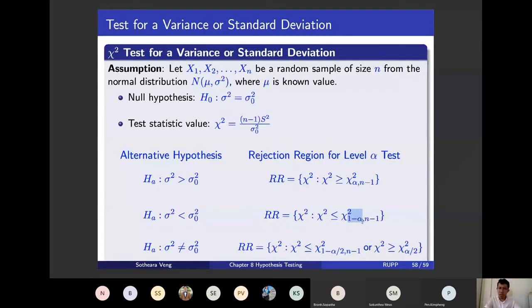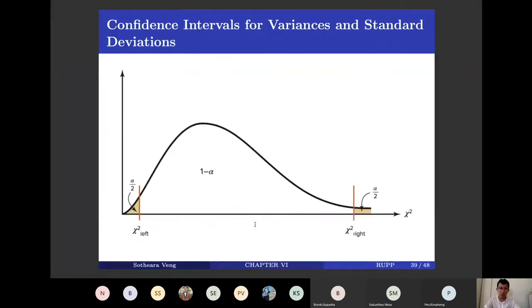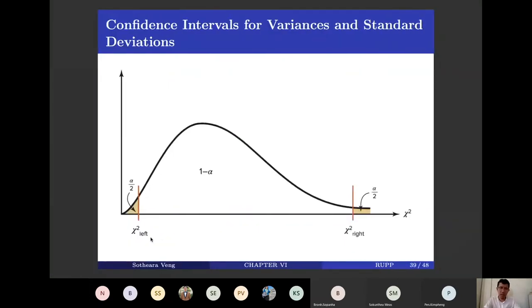And for this, this is actually the chi-square left. Because for example, if this area is alpha, this must be chi-square alpha. But in this figure, this area is alpha over 2, so this is chi-square alpha over 2.